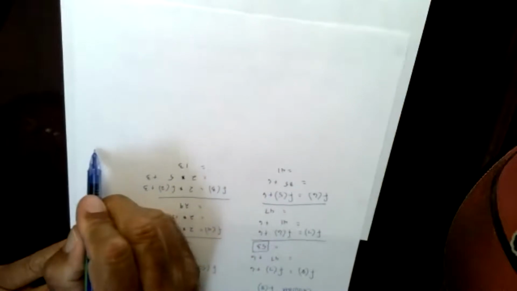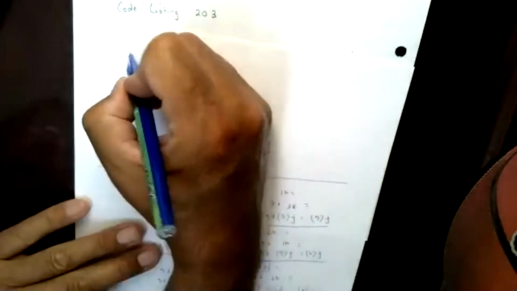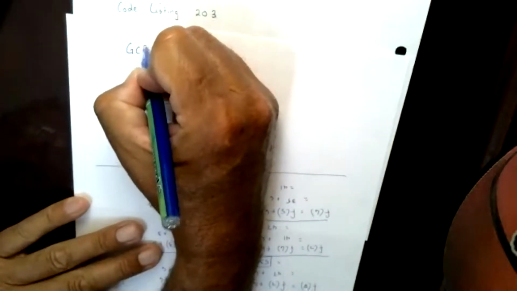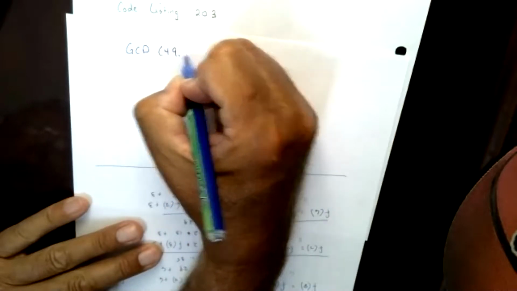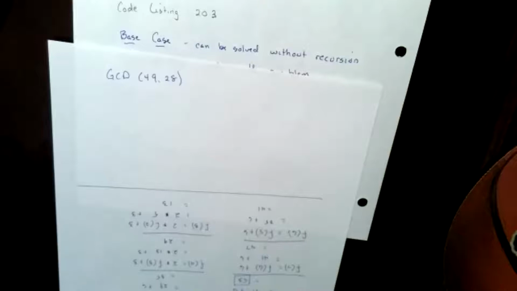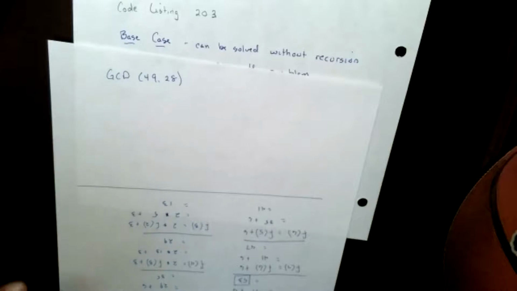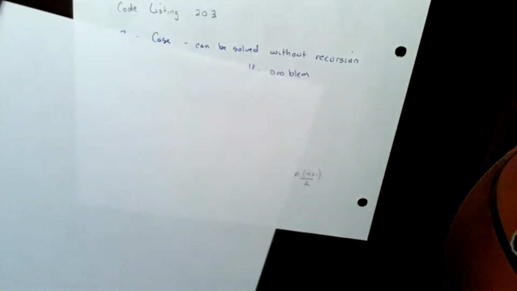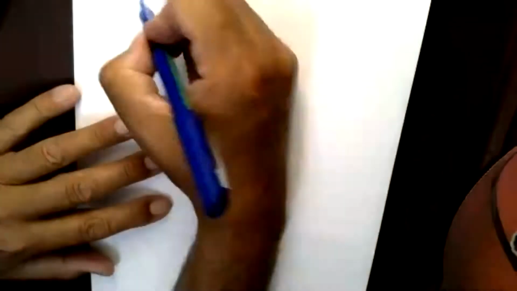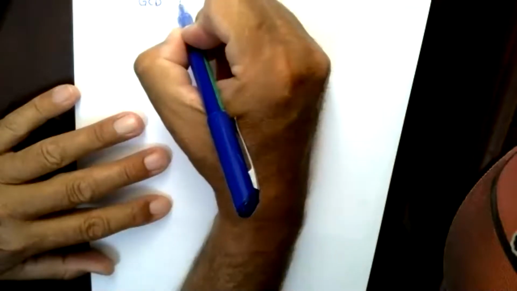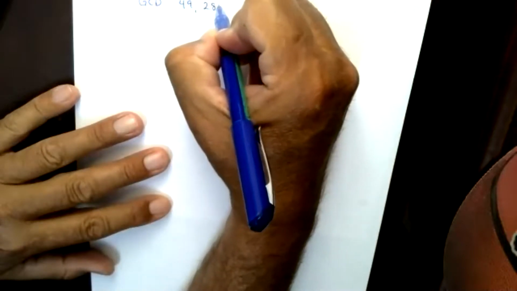It's here. If I enter 49 and 28, and I say GCD 49 and 28, what happens here? What's going on? How does this work? Or did you just type it in and you were happy with it? GCD 49, 28.